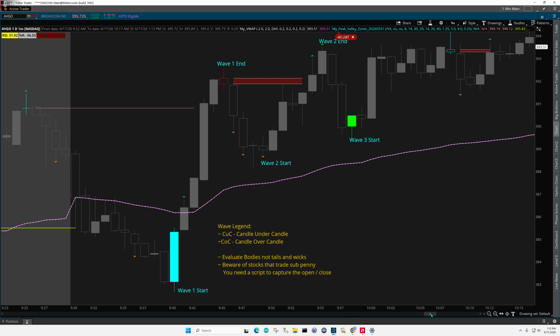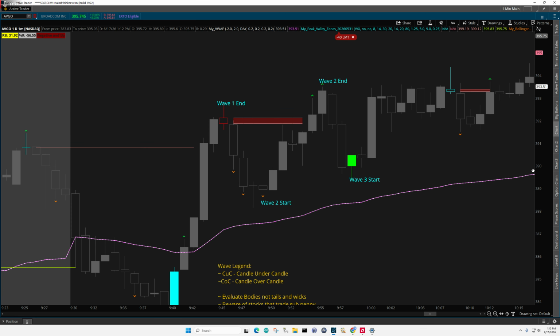Scroll to the right. So wave 3 must print candle bodies above the wave 2 high candle body. So that close on this candle is 393.33. As I look to the right, I'm looking for a candle body that might be above that.